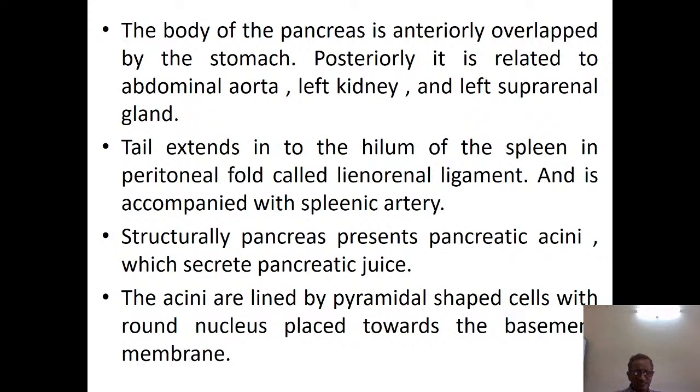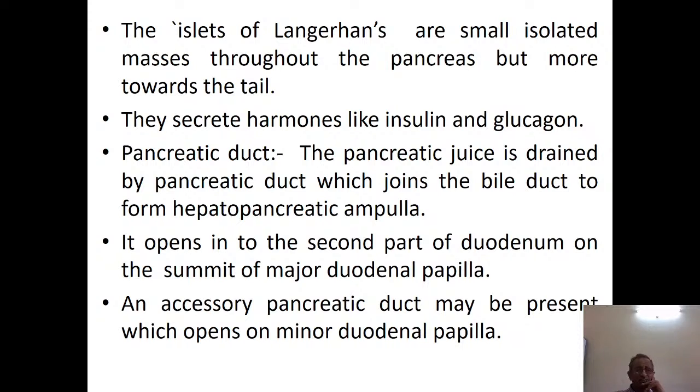Structurally, the pancreas presents pancreatic acini which secrete pancreatic juice. The acini are lined by pyramidal shaped cells with a round nucleus placed towards the basement membrane. The islets of Langerhans are small isolated masses throughout the pancreas but more towards the tail. They secrete hormones like insulin and glucagon.